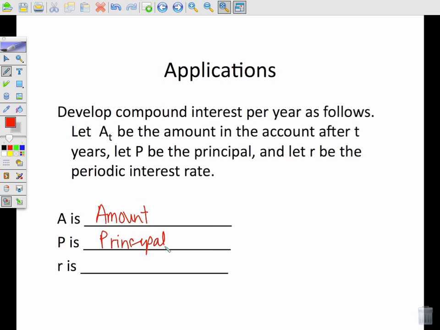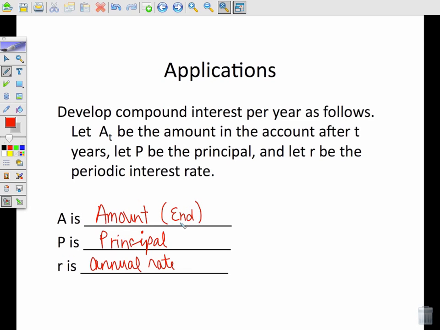And r would be your annual rate. All right, and the amount would be the end amount. So after 2 years, A would tell us how much is in the account after that time.